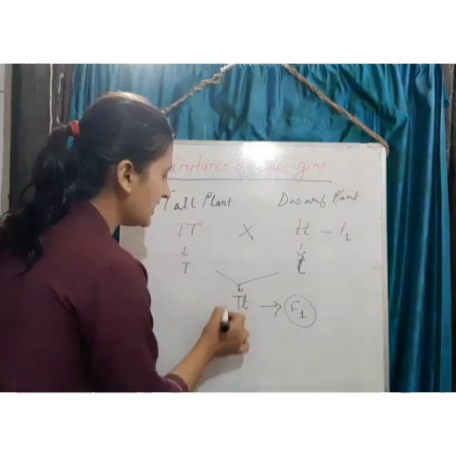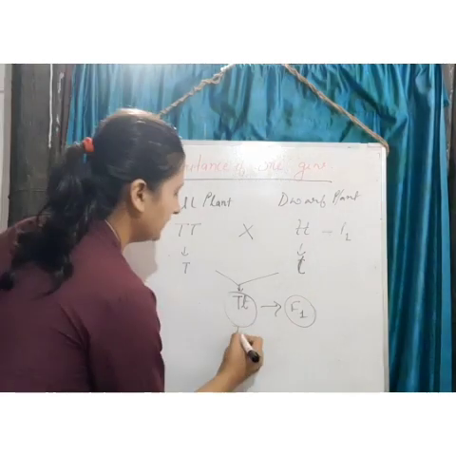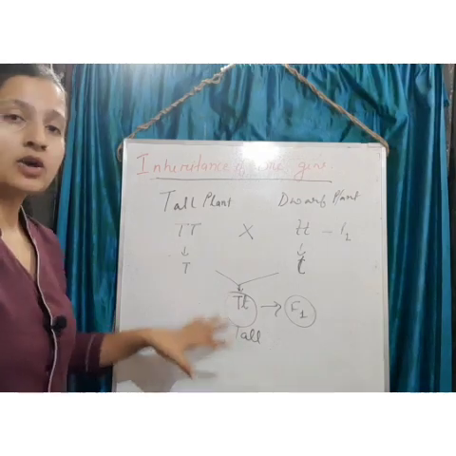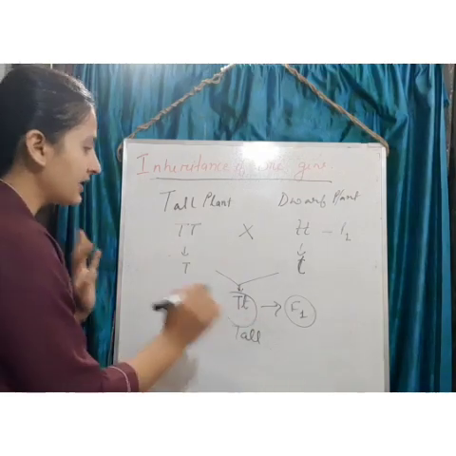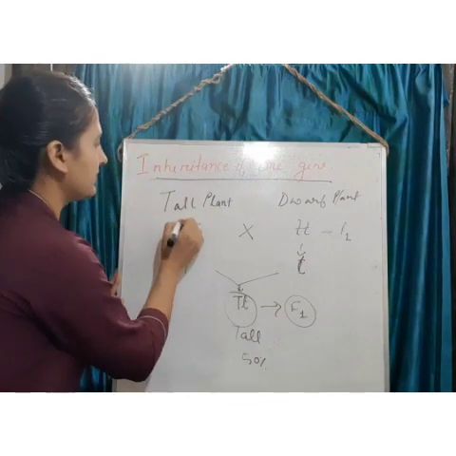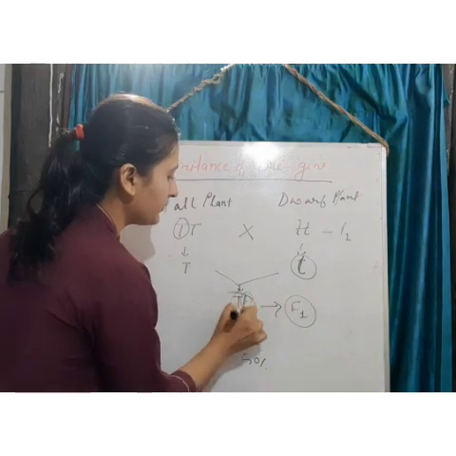Now next, what happened? When the progeny was obtained, it was seen that it is tall. The progeny is all tall, and here the gamete is 50% from the tall plant and 50% from the dwarf plant.